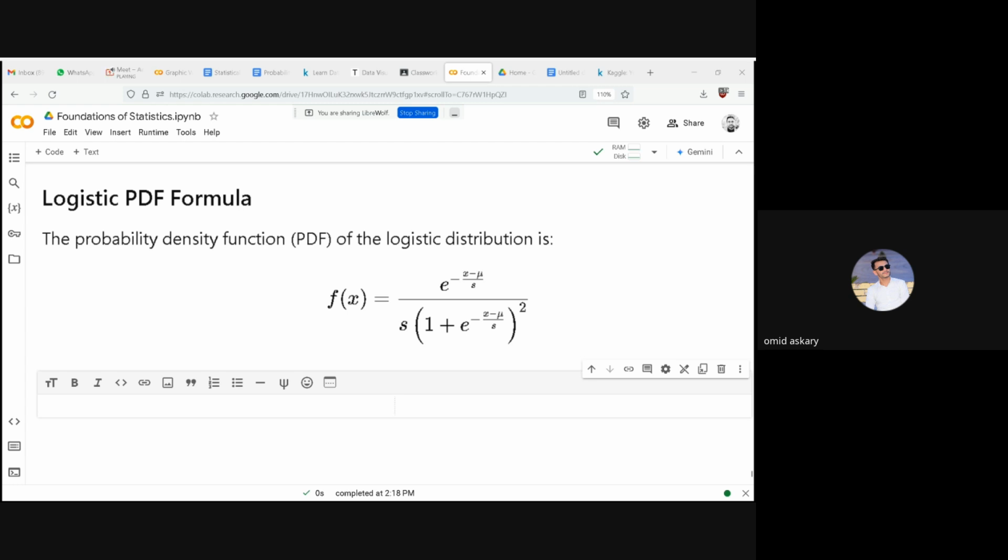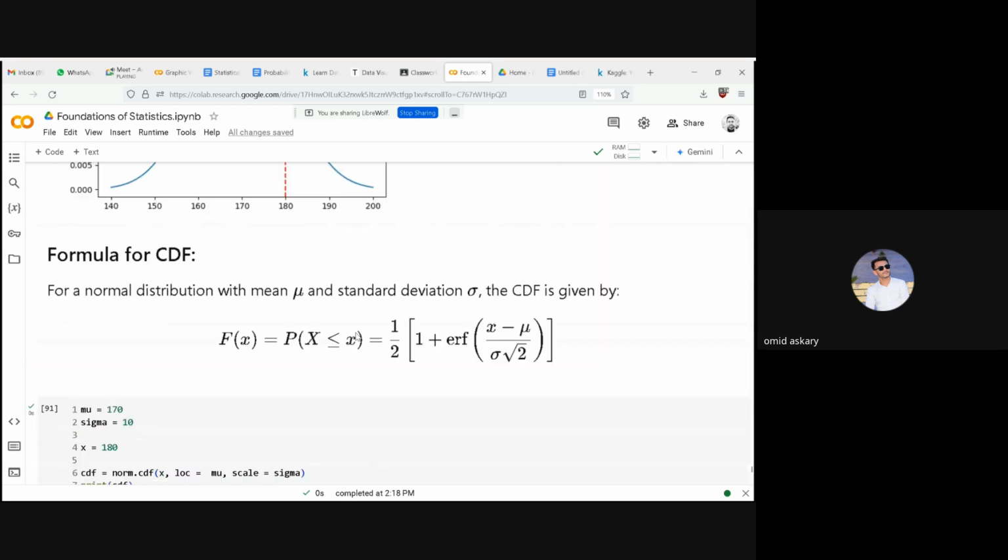The shape of the logistic distribution is very important. It is bell-shaped, like the Gaussian distribution, but with heavier tails, meaning more extreme values. It is symmetric, and the spread is controlled by the scale parameter S. The spread plays a key role here.